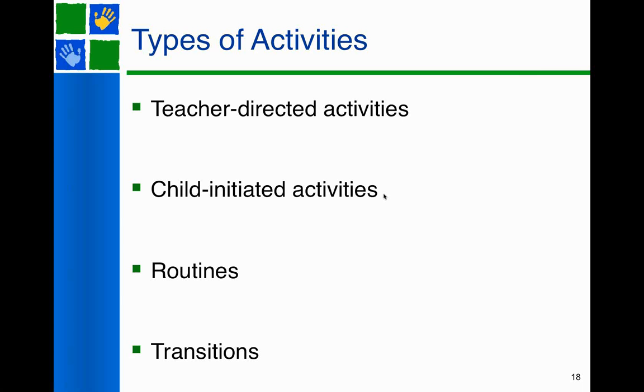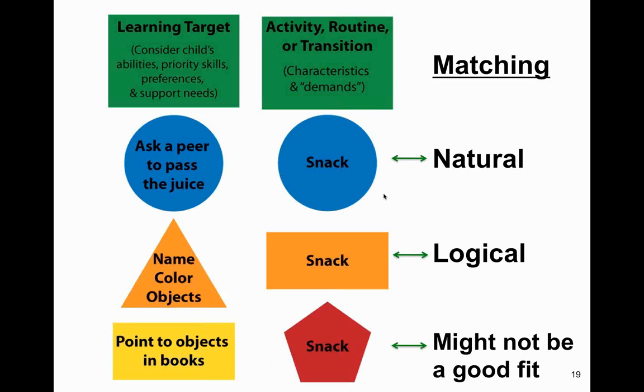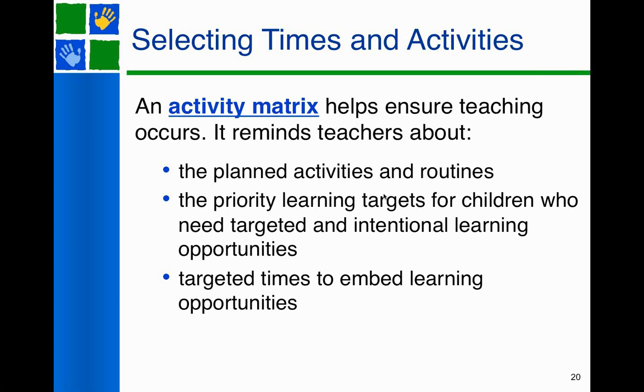So after we think about the learning target in relationship to our schedule and our activity analysis, then we go back and return to our thoughts about fit. And from that, then, we begin to select times and activities for embedded instruction. And so this embedded instruction could be occurring in the context of classroom-wide activities, such as circle time.